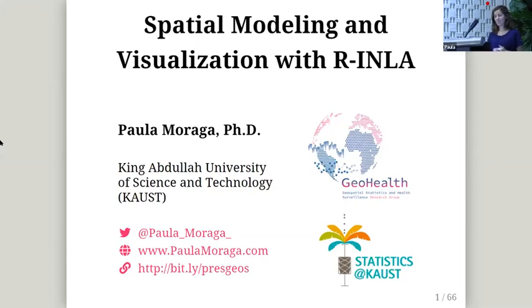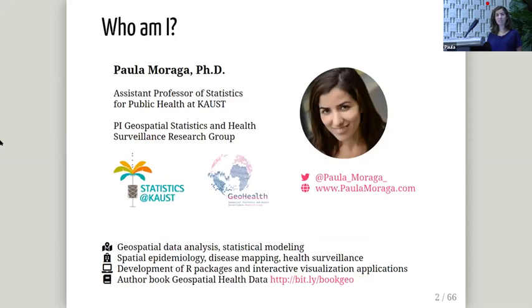As I said this morning, I'm Paula Moraga, and I'm an assistant professor of statistics at the King Abdullah University of Science and Technology, known as KAUST in Saudi Arabia, and the principal investigator of the Geospatial Statistics and Health Surveillance Research Group.